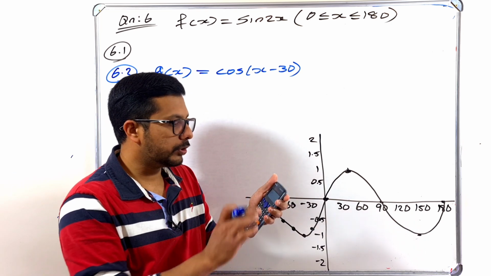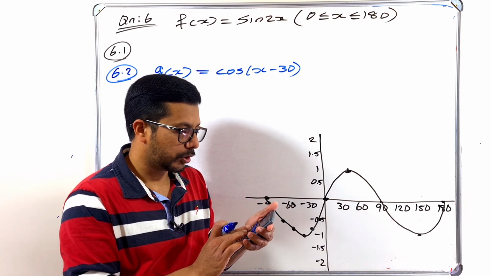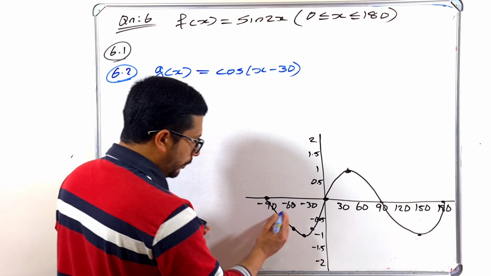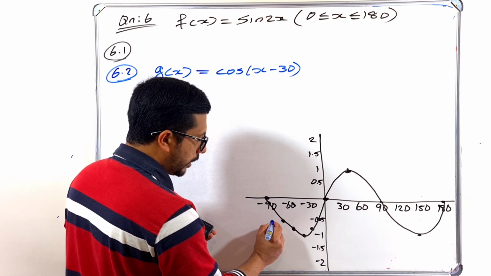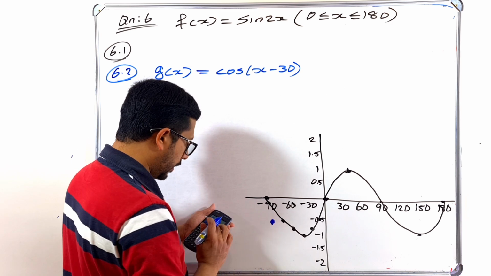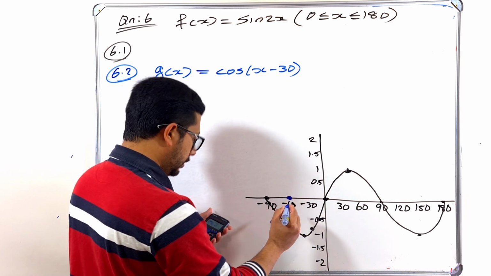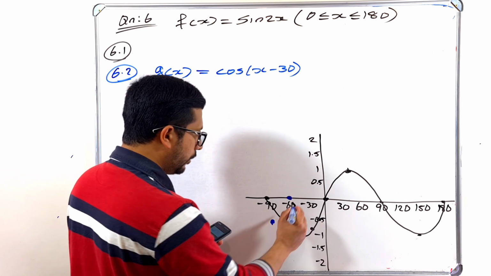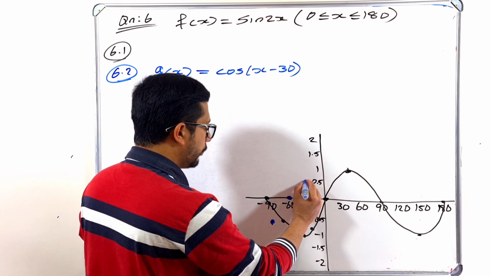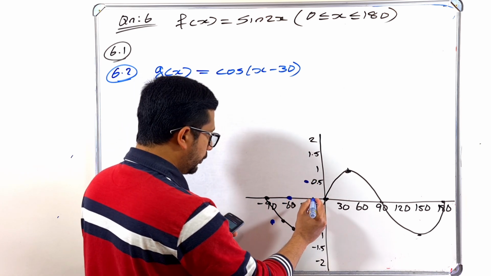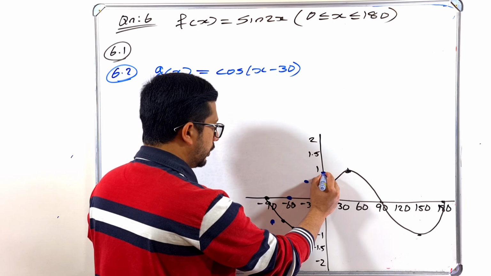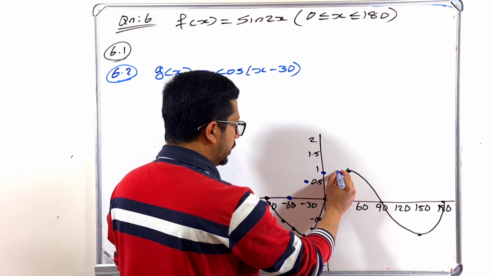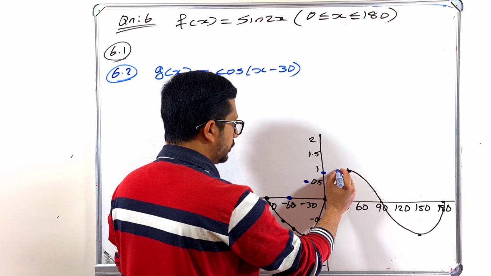So you just want to mark those points. For minus 90 it is minus 0.5. Now minus 60, 0, then minus 30, 0.5, then 0, 0.86, 30, it's 1.